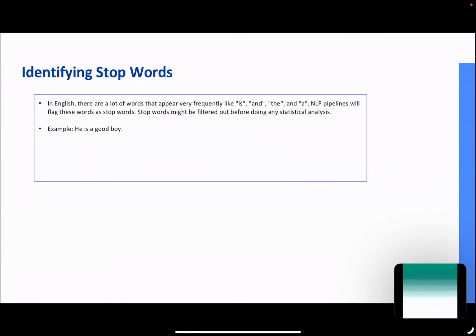We can consider it as a step of identifying and removing stop words after performing lemmatization. In English we have lots of stop words, 400 plus. But let's suppose "is," "the," and "a" are stop words, and we can remove them when doing the NLP process.